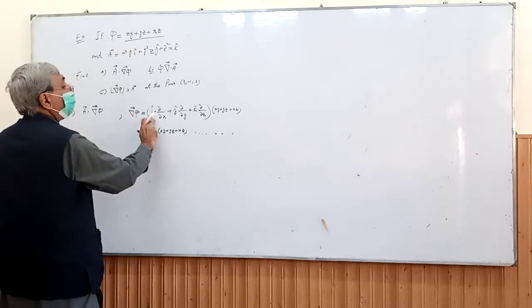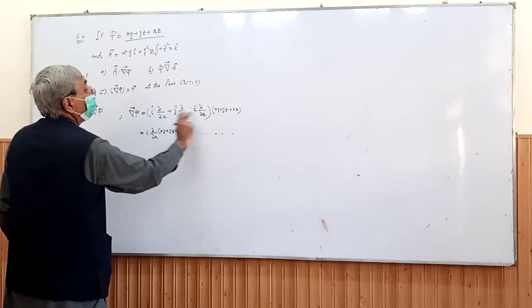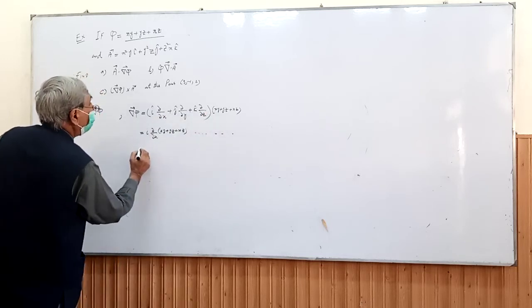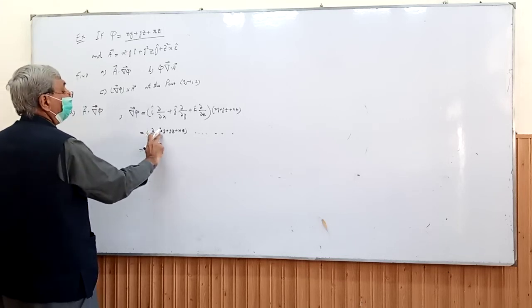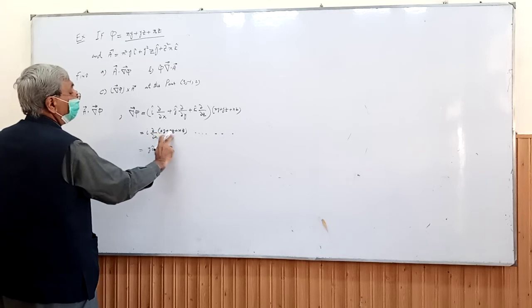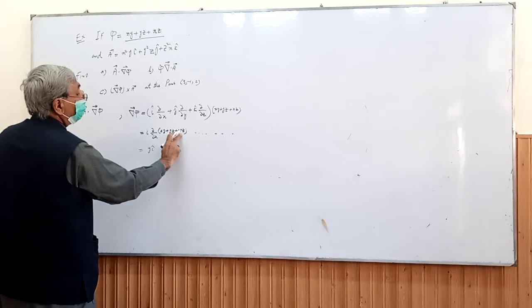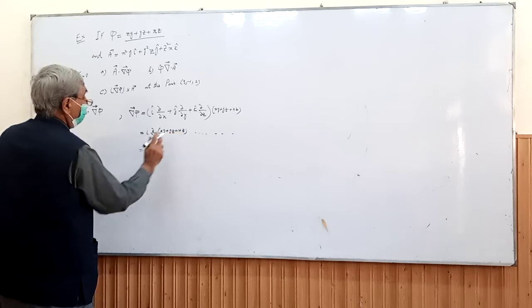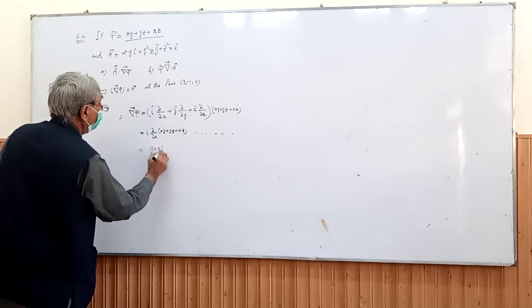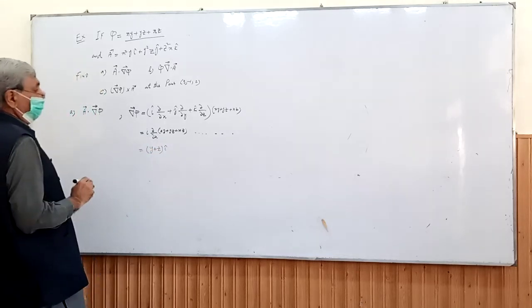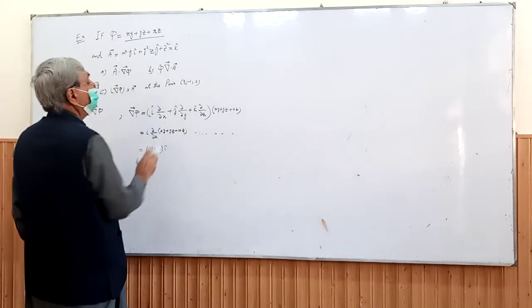Partial differentiation with respect to x gives y from the first term, 0 from the second, and z from the third, so i is common: (y plus z) i.